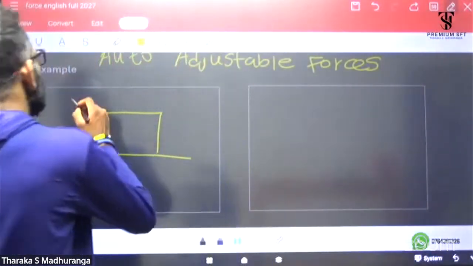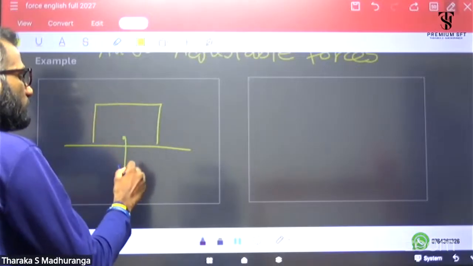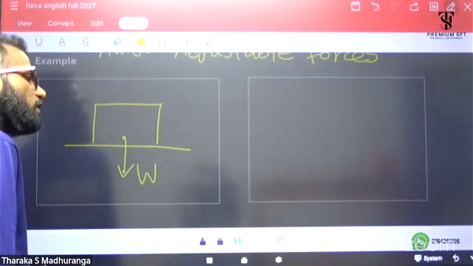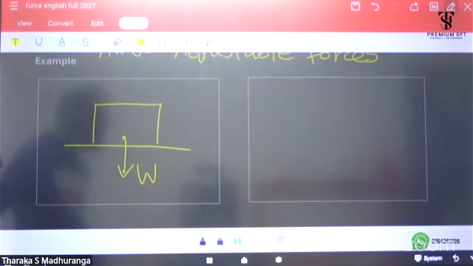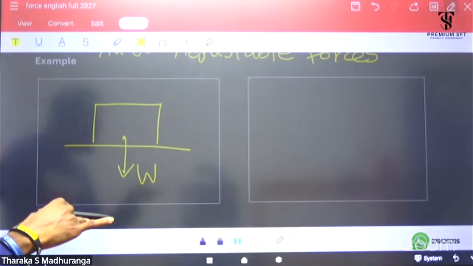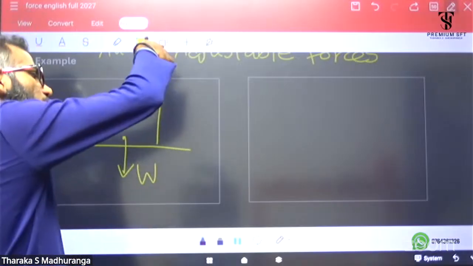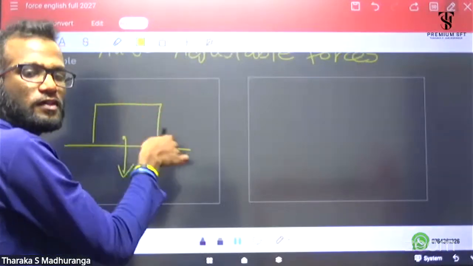One example: the weight. What's the meaning of weight? The force acting towards the gravity direction, right? The weight is mainly the force acted by the object on the surface.